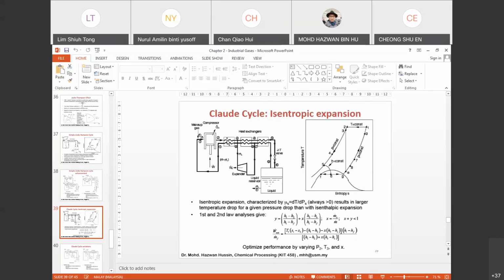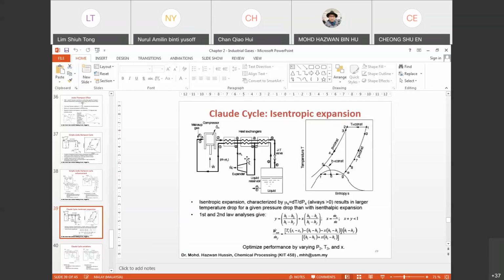Then it goes to the first cooler, the first heat exchanger, where the temperature slightly drops, 2 to 3, and then it is further cooled in the next heat exchanger from 3 to 4, followed by the third heat exchanger, 4 to 5. Finally it reaches the critical temperature and is liquefied. Then it is kept in the liquid reservoir.